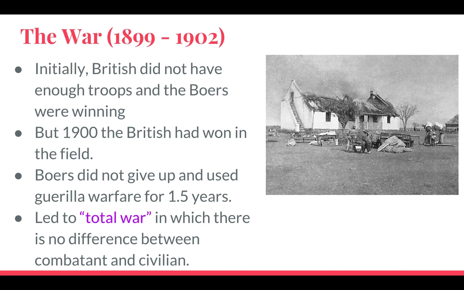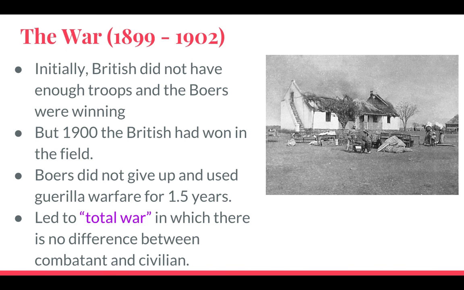And so with the guerrilla warfare, we actually see what's called total war. And the British are going to say that there's no difference between someone who's fighting and a civilian. This is going to lead to the British using scorched earth, where they're pretty much burning everything that the Boers could use.